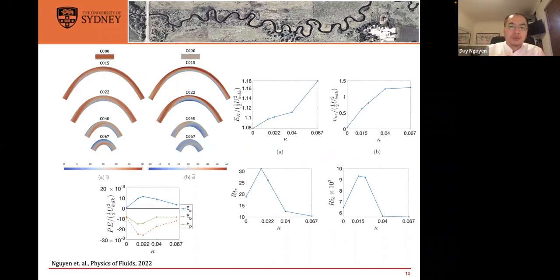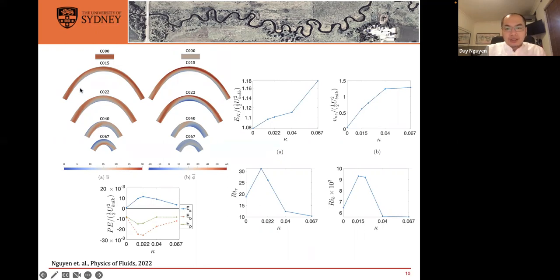The first thing we can see is the change of the deflection location. You can see that it actually gets earlier toward the entrance if you decrease the curvature. So this one is almost at the bend apex, and then it goes earlier to the inlet here.